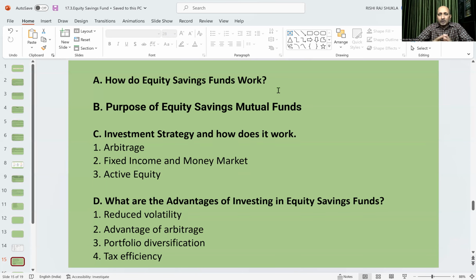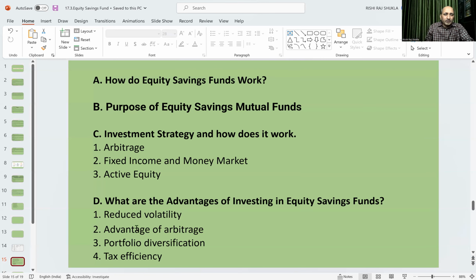Again, portfolio diversification, as it invests in all types of money market instruments, arbitrage, and equity. Another is tax efficiency because 65 to 90% is equity and arbitrage, so it will be treated like an equity scheme and tax will be accordingly. So there is tax efficiency also here.